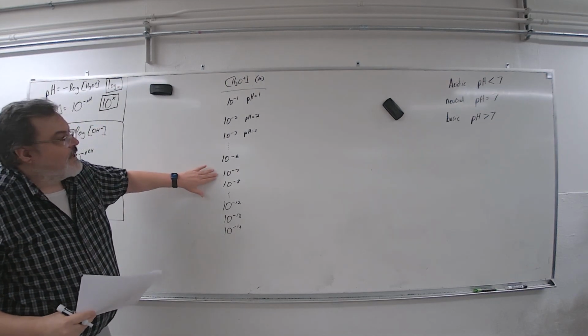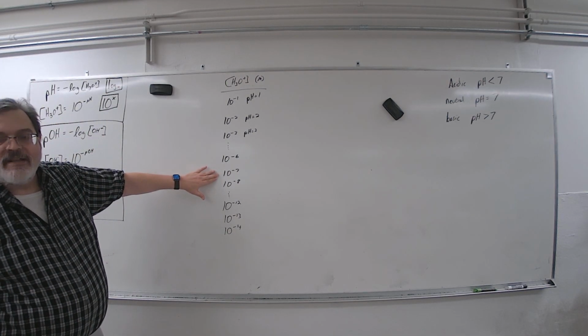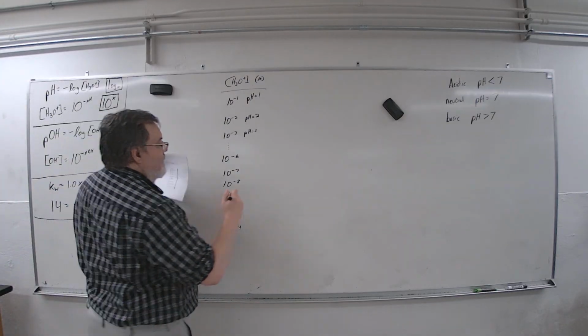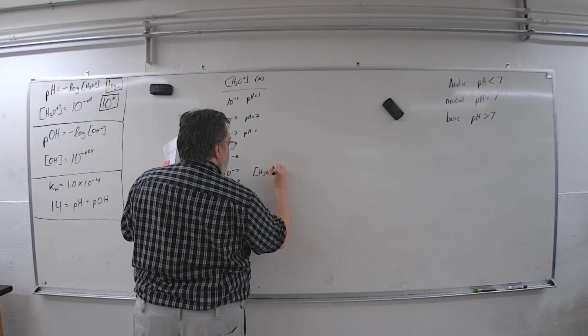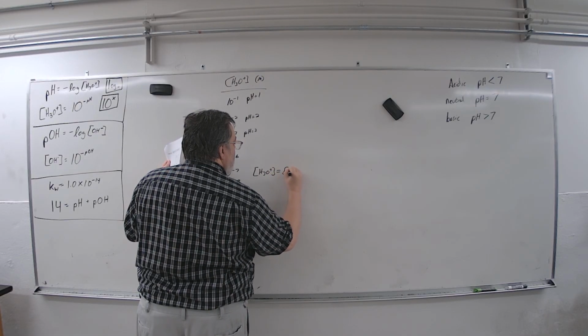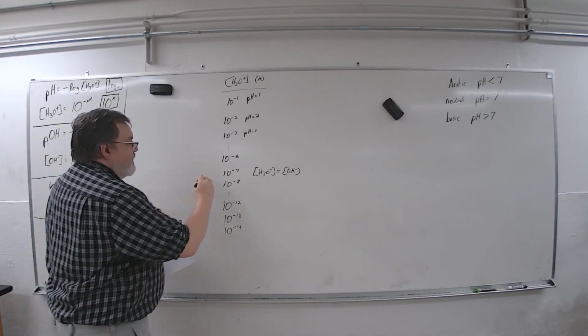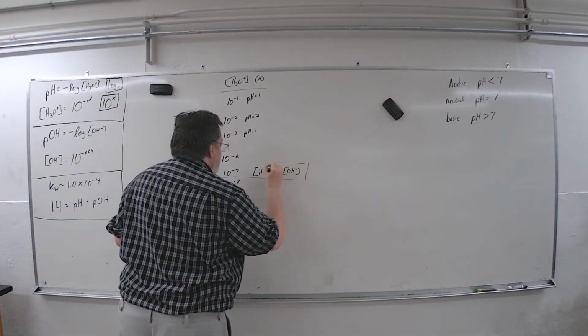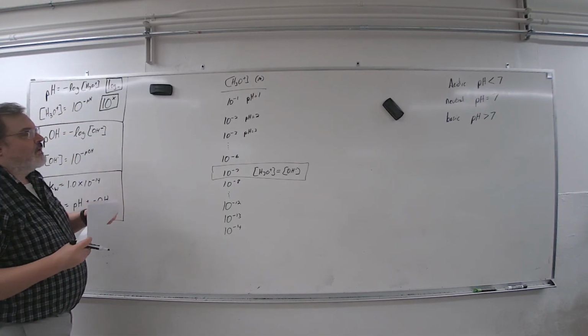And then right here at 7 is when you're neutral. You have exactly the same amount of acid as you do base. At this point, it's 7. Those balance each other perfectly. So that's what we mean by neutral.